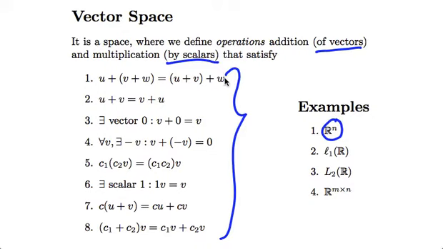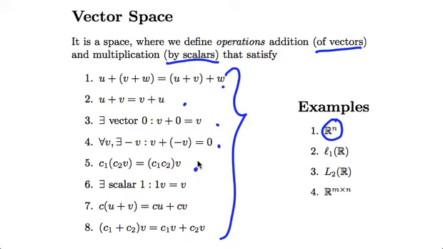The first one is just associativity of addition. The second one is commutativity of addition. The third one says that there must exist a zero vector such that v plus 0 is v for all vectors v in your space. Again, for all vectors v, there exists an additive inverse called minus v such that v plus minus v is 0.